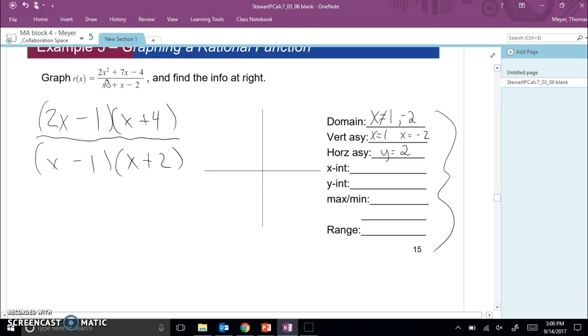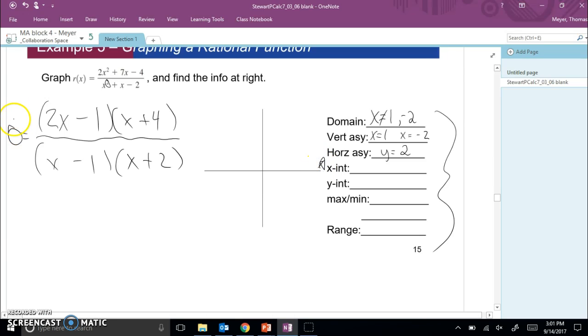X-intercepts occur when y equals 0. So that's essentially meaning we're going to set the function equal to 0 because we know that r of x is the same thing as y. So if you set the function equal to 0, the first step you have to do to solve for the y-intercept is to, rewind. X-intercept occurs when y equals 0. So that's what we're finding right now, is the x-intercept.